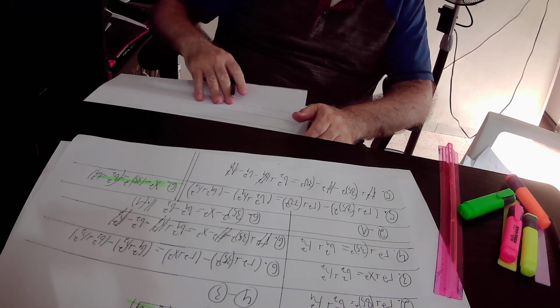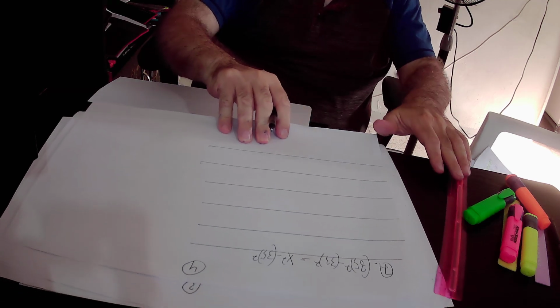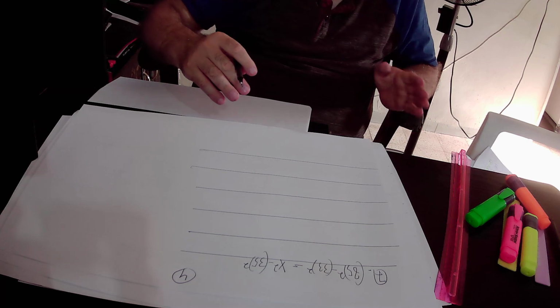So in conclusion, we found out that according to this equation number 7, 85 squared minus 33 squared equals x squared minus 35 squared.